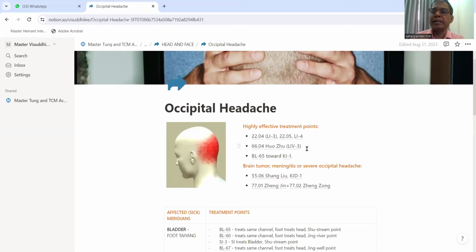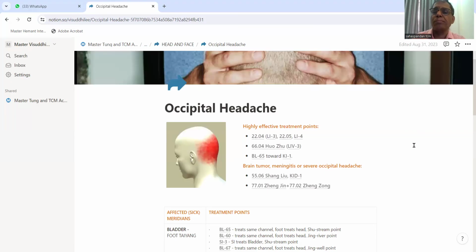It is Liver 3, LI3, LI4, and Liver 3 and Kidney 1. Bladder 65: needle Bladder 65 toward Kidney 1.